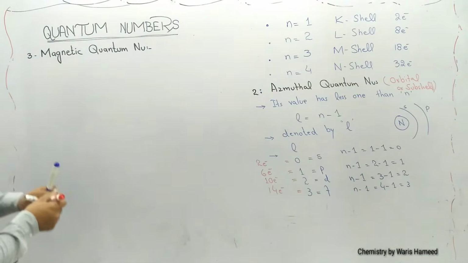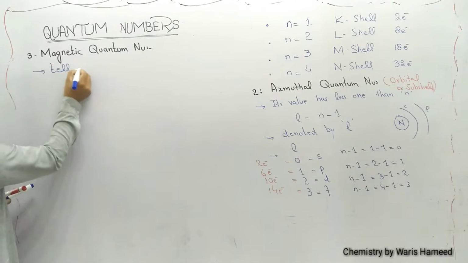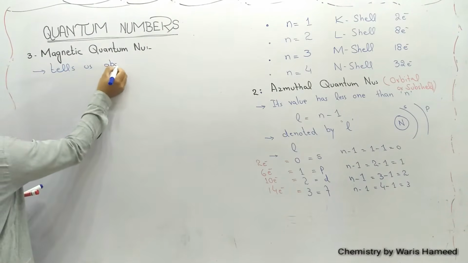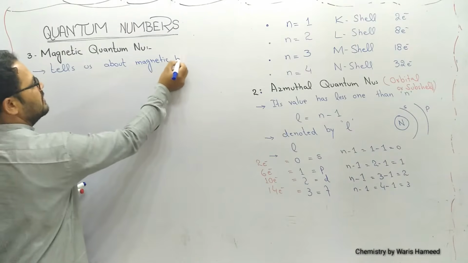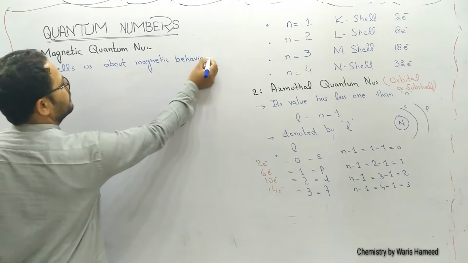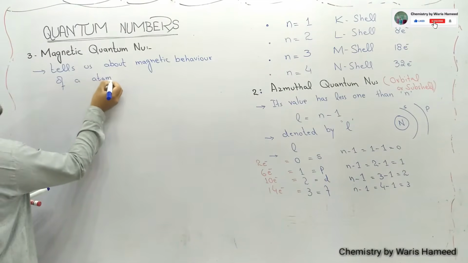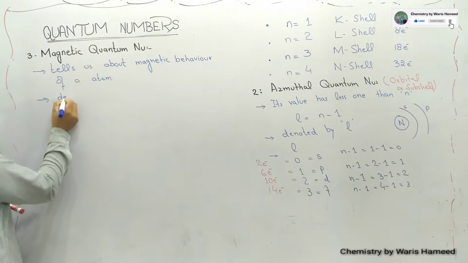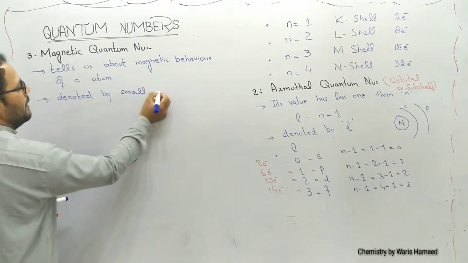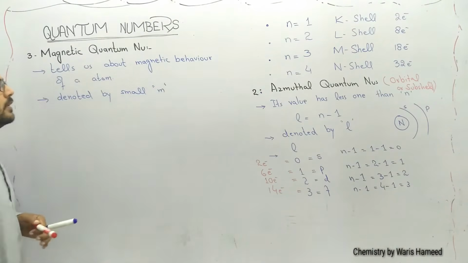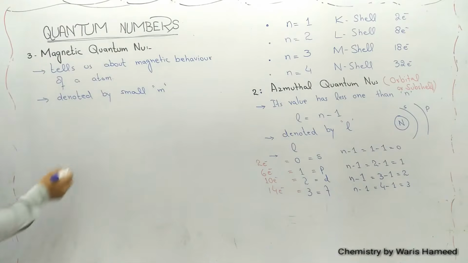We can write it as, tells us about magnetic behavior of an atom, and it can be denoted by small m, and m may have different values depending upon the azimuthal quantum number.